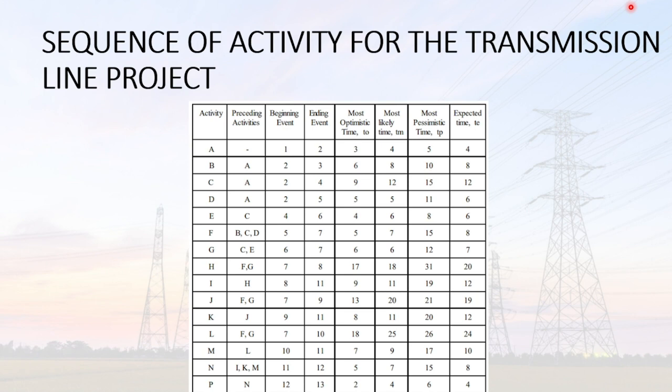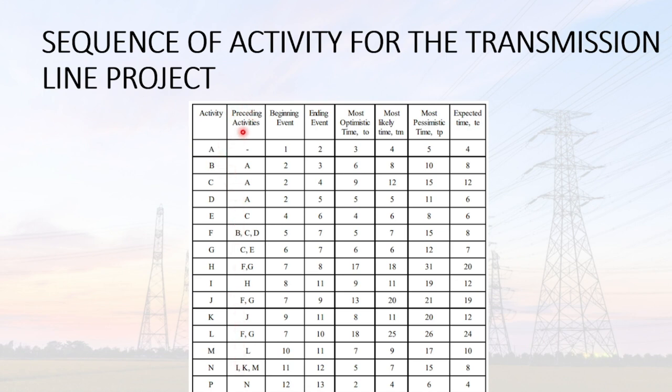By the data given, we have our activity expected times and our interrelationships. So I have constructed my table. This is my table. By referring to the interrelationships given, I have inserted the preceding activities.